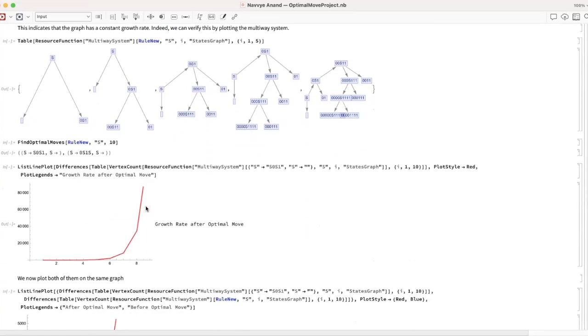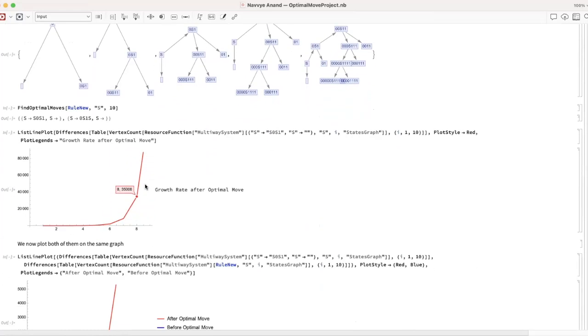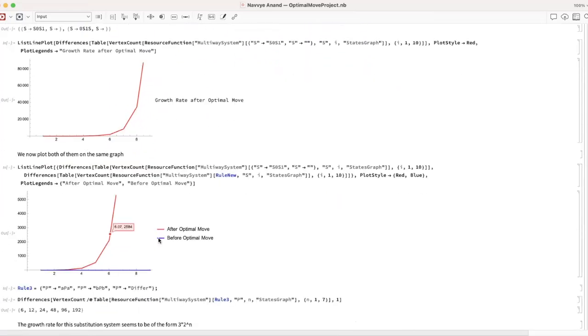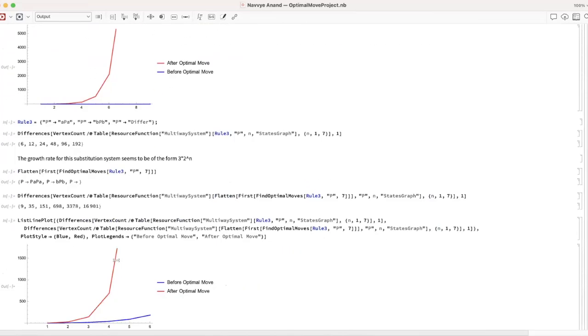And after the optimal move, you can see that it has an exponential growth rate. We can plot them on the same graph now. And you can see after the optimal move, the growth rate increases dramatically. And before the optimal move, it's just a constant growth rate.